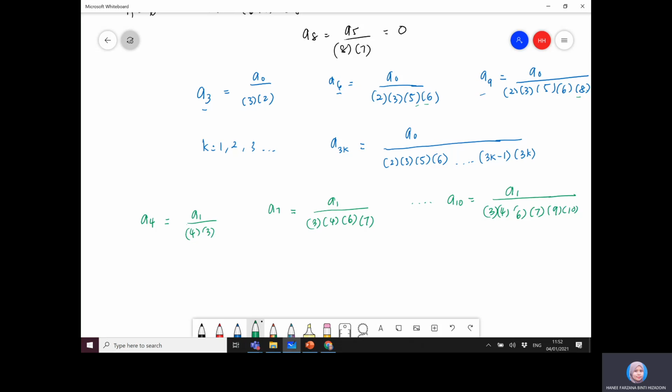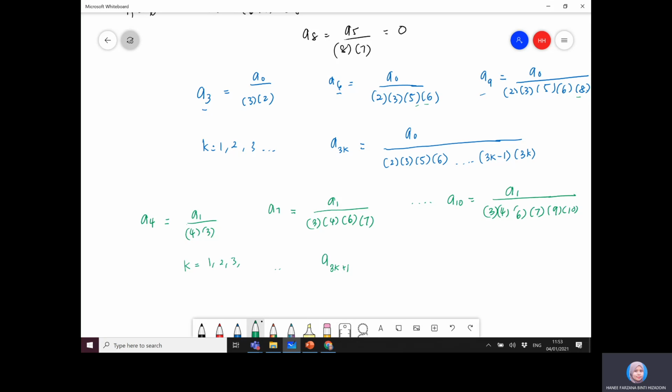So then, from here, you can spot the pattern, and you can deduce that for k equals 1, 2 and 3, you may get a sub 3k plus 1, because compared with the blue ones here, it's just 3k, but now instead of a3 you have a4, instead of a6 you have a7, instead of a9 you have a10, then the 3k must plus 1.